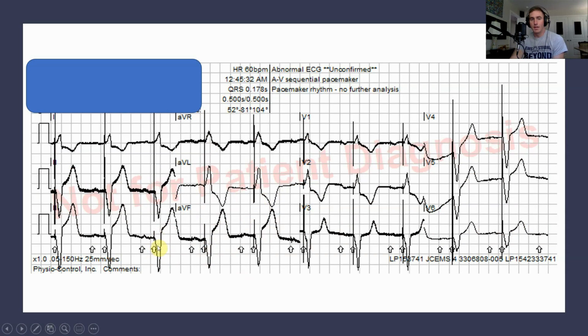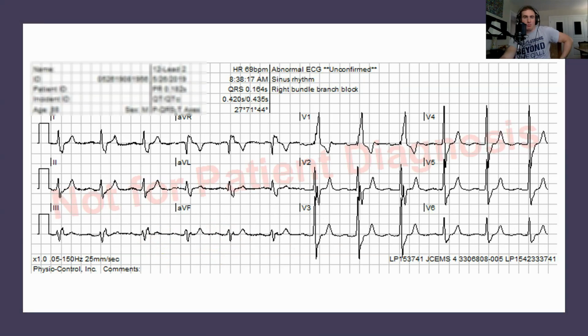So we have 5, 10, 15, almost 20, and we do not have enough ST elevation. It's really hard to see because we can't see the grid lines, but just by looking at it, the discordant elevation does not appear to be excessive by my eyes.